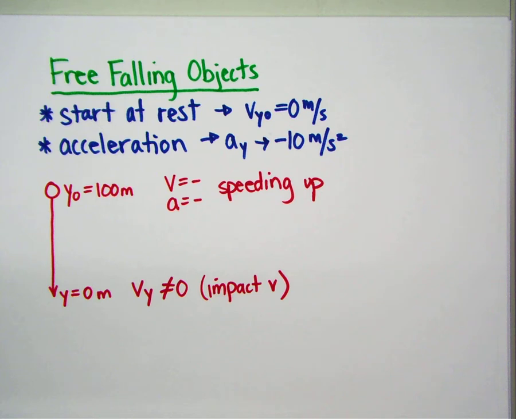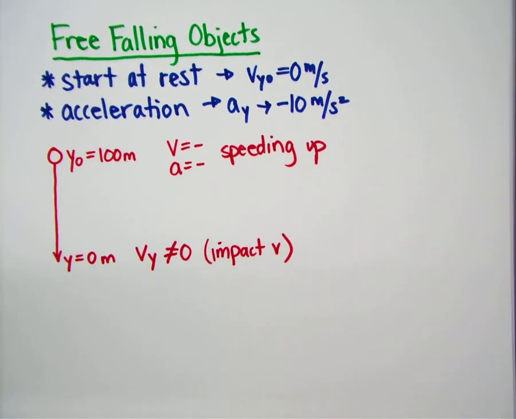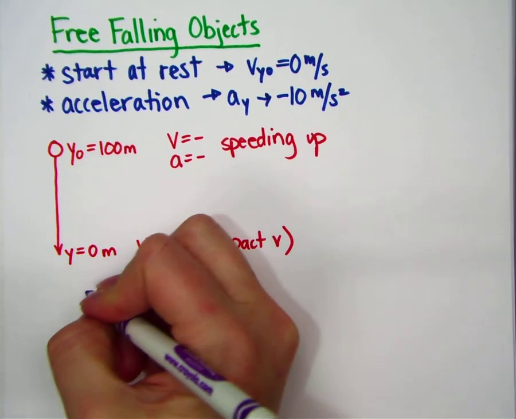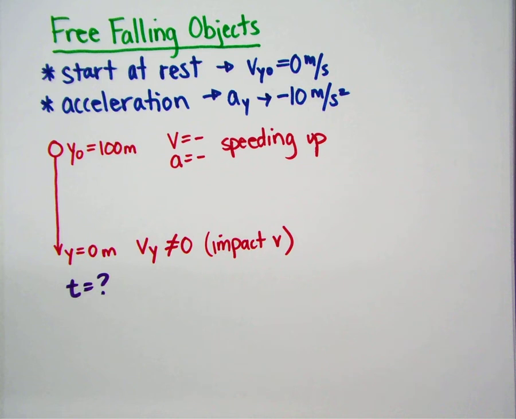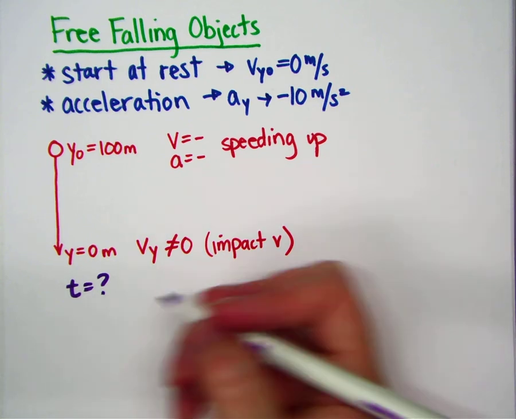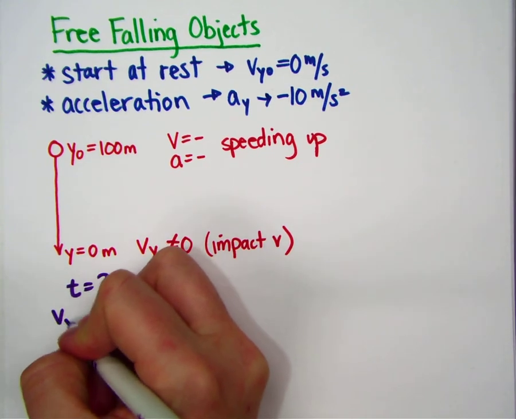Okay? How long does it take for the object to reach the ground? That's our first attempt at solving. Okay? How long does it take? Well, if I'm asking you how long does it take, I'm asking you to find t. So, some things we know to be true.